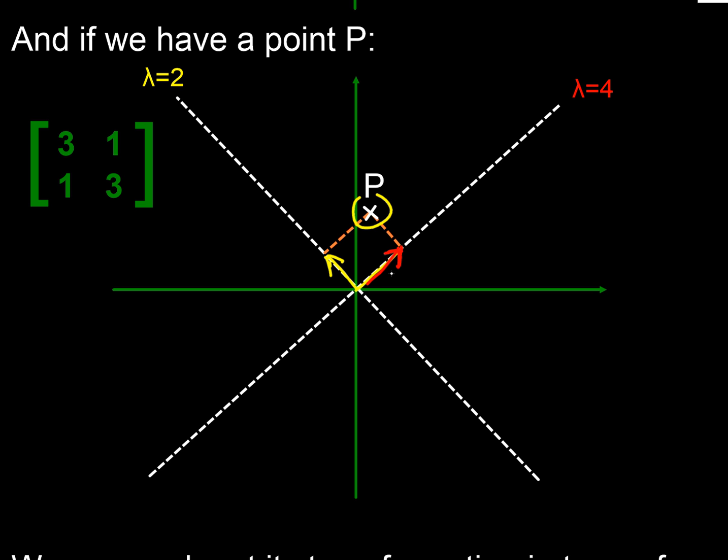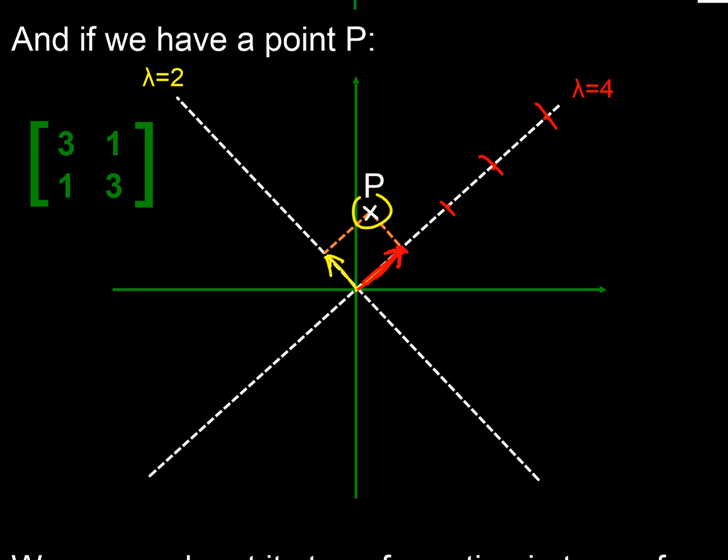And what the eigenanalysis has told us is that for this component, the lambda equals 4 vector, the 1, 1 here, whatever that distance is, that part of the vector is going to be scaled up by a scale factor of 4. So 1, 2, 3, 4. That part here would effectively be quadrupled.